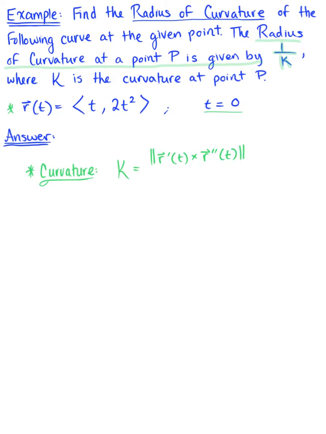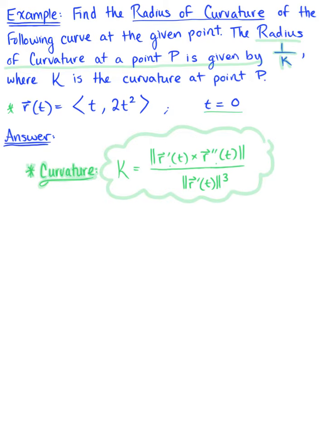You can also think about this as the length of the cross product of the velocity vector with the acceleration vector. And then we divide this by the magnitude of your tangent vector cubed. This is the formula we're going to use to compute the curvature for this parameterized curve, and then we'll use that curvature to find the radius of curvature.